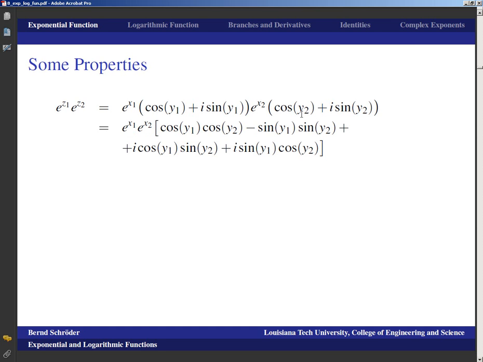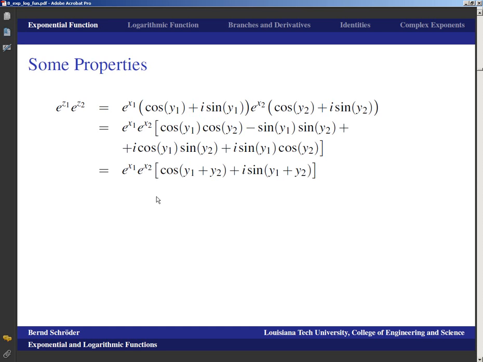So we get cosine y1 cosine y2, and that's right here. We get i sine y1 times i sine y2, which is the negative sine y1 sine y2 here. Then we get cosine y1 times i sine y2, that's i cosine y1 sine y2 here, and i sine y1 cosine y2, that's right down here.